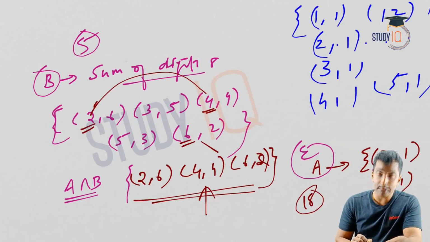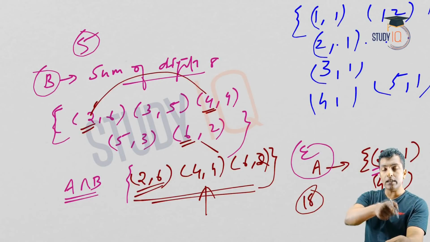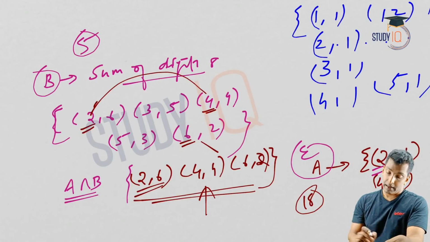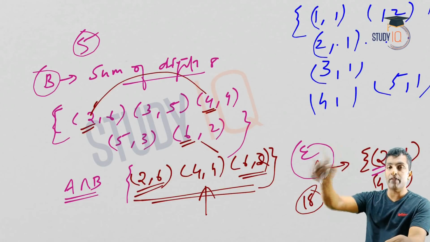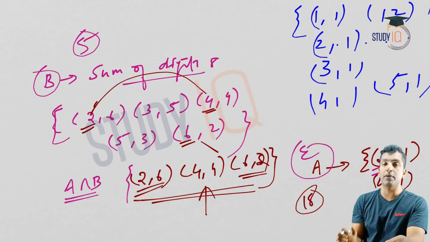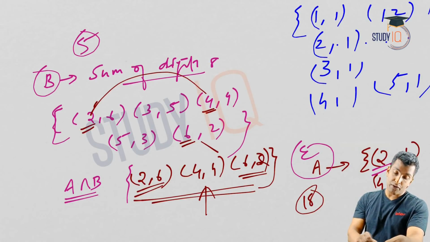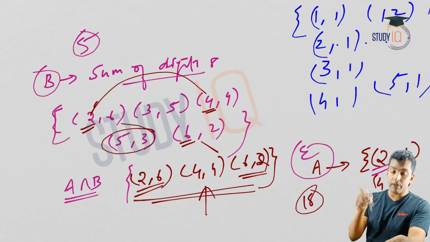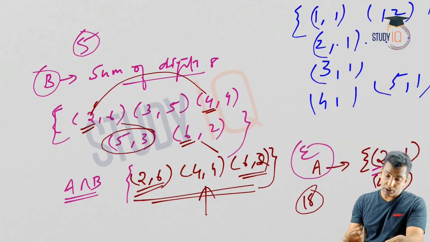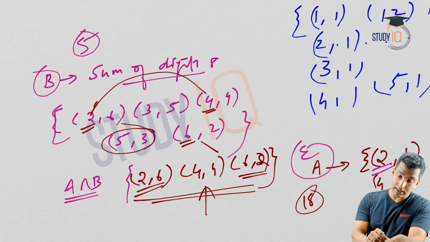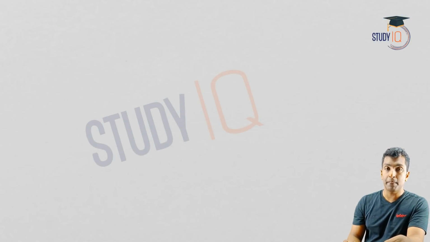If you get 6 and 2, still A occurred and B occurred, so A intersection B occurred. If you get 5, 3, B occurs but not A, therefore A intersection B does not occur. I hope that is clear for all of you. That is what A intersection B is. Now the third one is negation of an event.